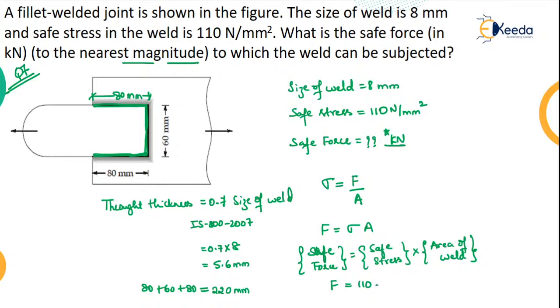Now multiply this. So this 220 into 5.6 will be the area of the weld. Clear? I hope you understood how we got it. So on calculation, how much will you get this value to be equal to?